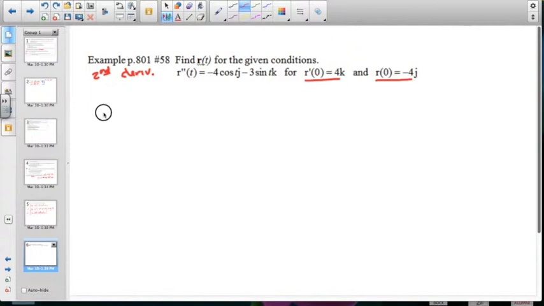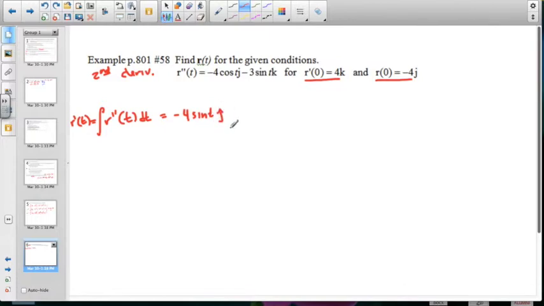So we're going to go ahead and integrate the second derivative with respect to t, and that's going to give us the first derivative. And so when I integrate this, minus 4 cosine of t, integrating cosine of t gives us sine of t, and so we have minus 4 sine t j.